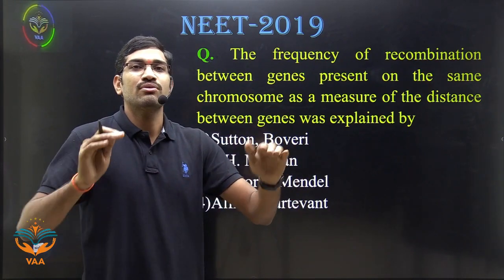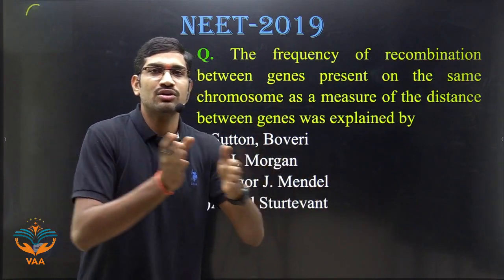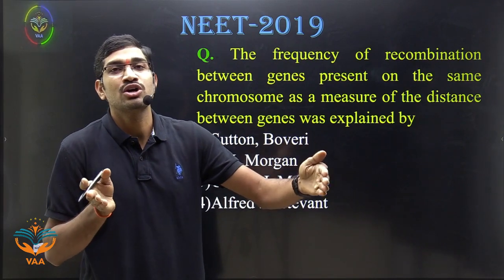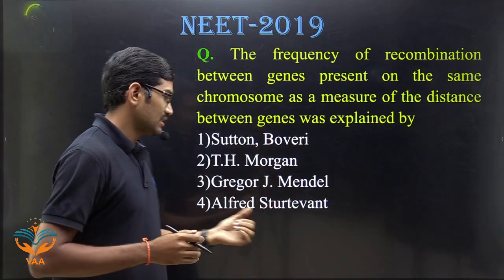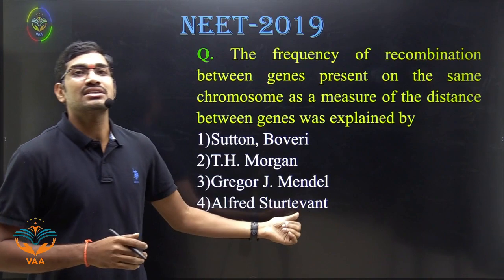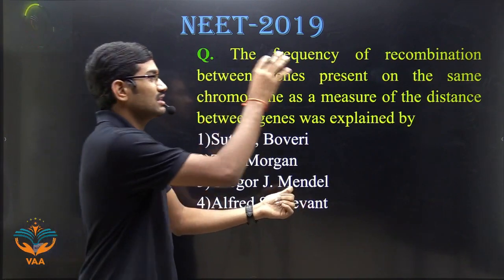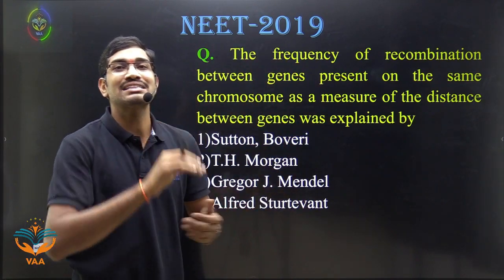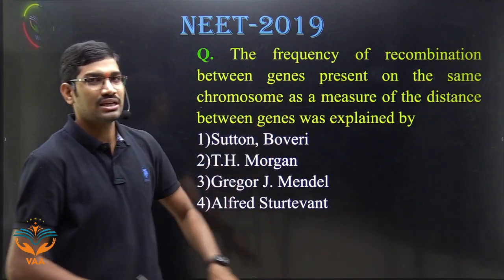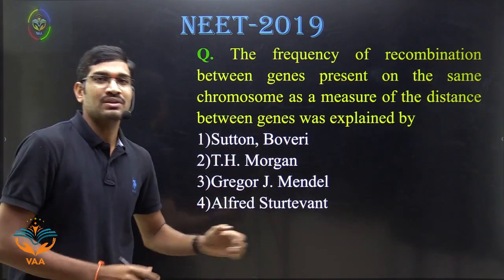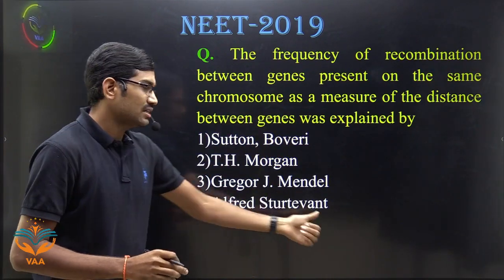In this way, if the percentage recombination is more, the distance between the genes is more. One scientist, Alfred Sturtevant, used this concept to prepare the genetic maps. That is what the question is asking. So who developed this? It is option 4, Alfred Sturtevant.